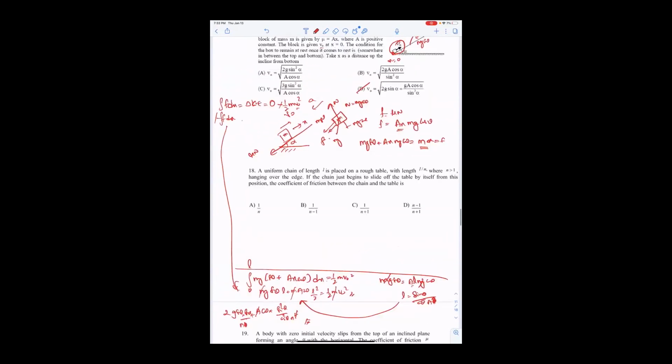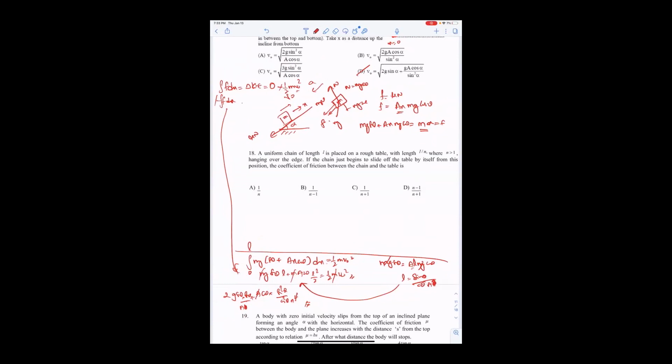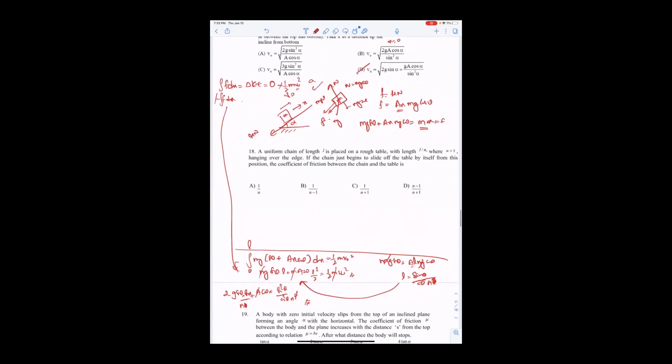Cos square theta into sin theta. Let me check. I have to simplify this. Yes, I will cross check this. So somewhere we might have missed sin or cos. I'll solve and resend. So at the end we'll come back to this question.